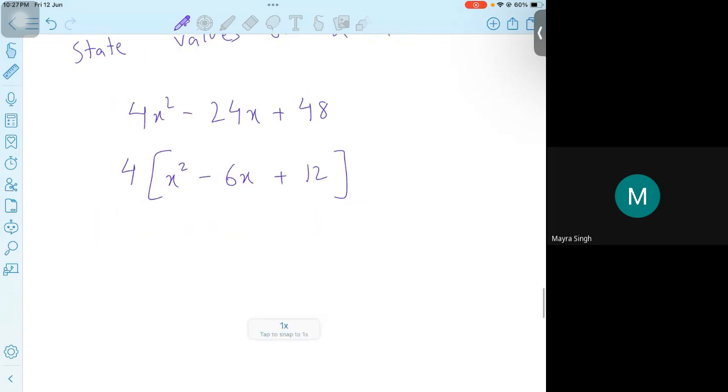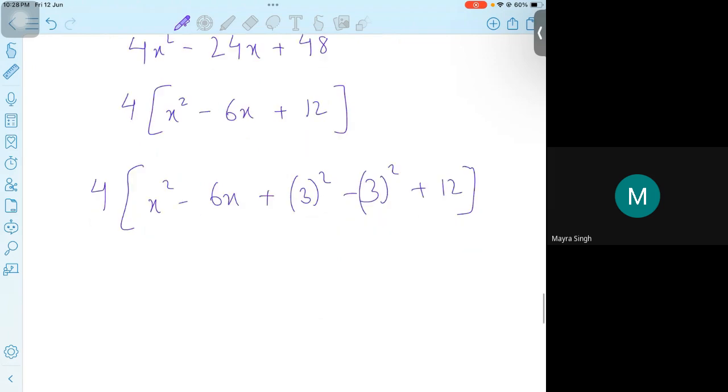The second step was to have this, and then to add the square of that, and then subtract the square of that. So we have 4 times x squared minus 6x plus 3 squared minus 3 squared plus 12. And if you compare this, you should get x minus 3 whole square.